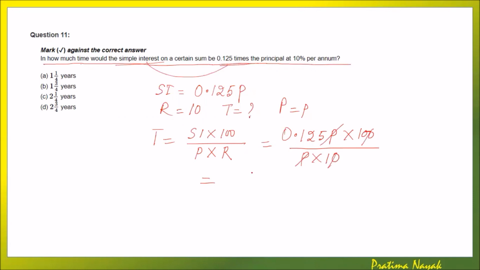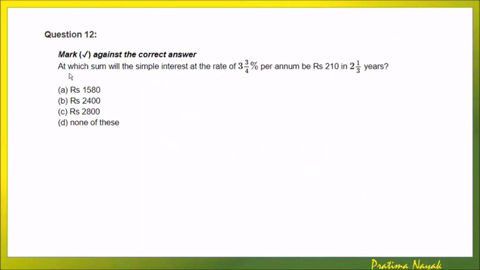Now multiply 0.125 into 10. How much? It will be 1.25 years. 1.25 means how much? 125 by 100 or 5 by 4, or it will be 1 and 1 by 4 years. A is correct. Next is question number 12.